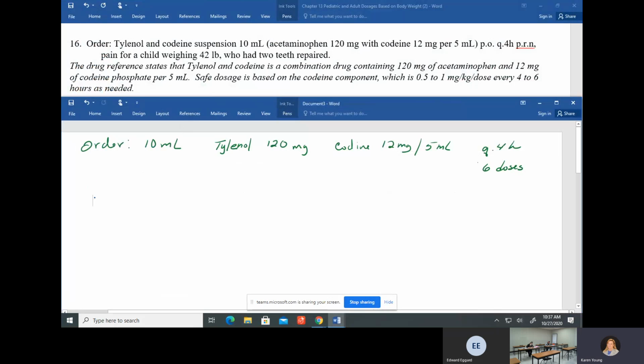So from my drug reference, it states that the Tylenol and codeine is a combination drug containing 120 milligrams of Tylenol and 12 milligrams of codeine, all per 5 milliliters. So that matches what the doctor's ordered, right?